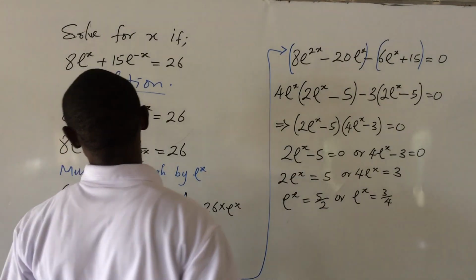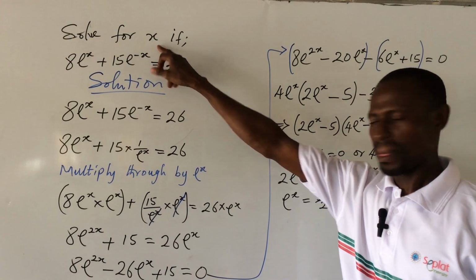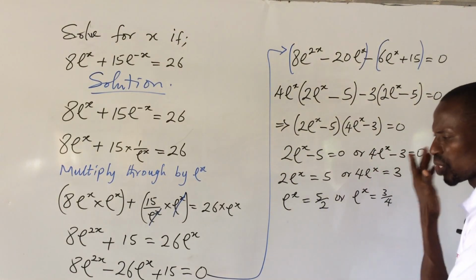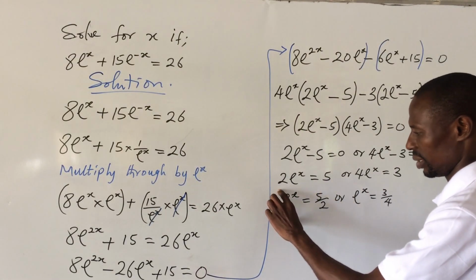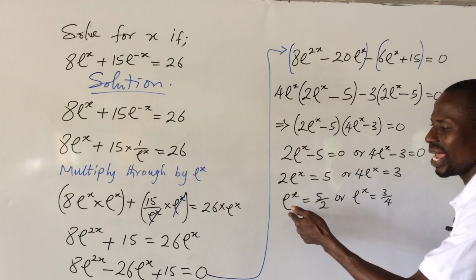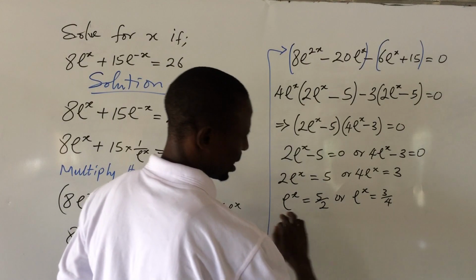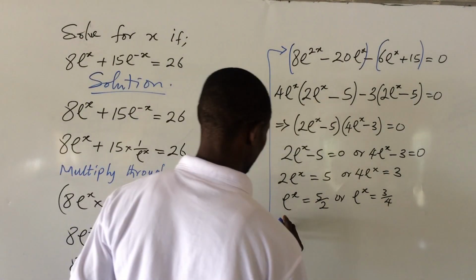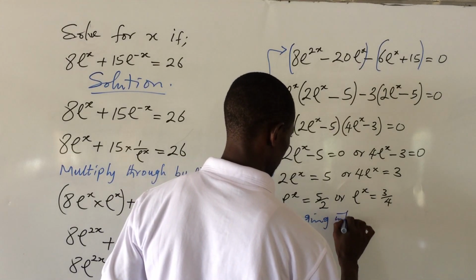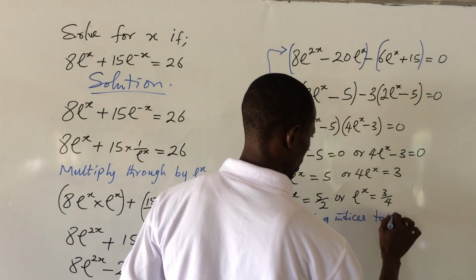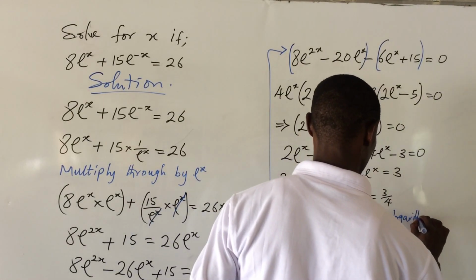Okay, look at the question once again. They say we should look for the value of x. Look at what we have here now. So for us to get x from this expression, what do we do? We introduce log to both sides in order to eliminate this exponential sign. Because this is indices, we are changing indices to logarithm.